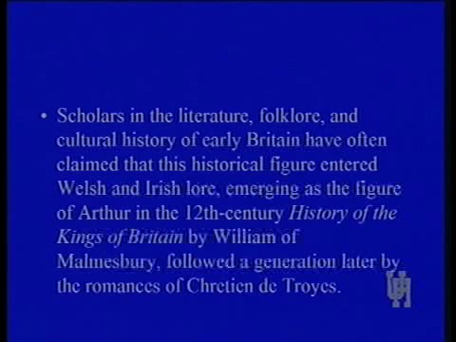A generation later, we have the full-blown romances being written in France by one Chrétien de Troyes. And I've mentioned Chrétien here before when we were talking about courtly love. And we'll pause and talk a little bit more about Chrétien here today.